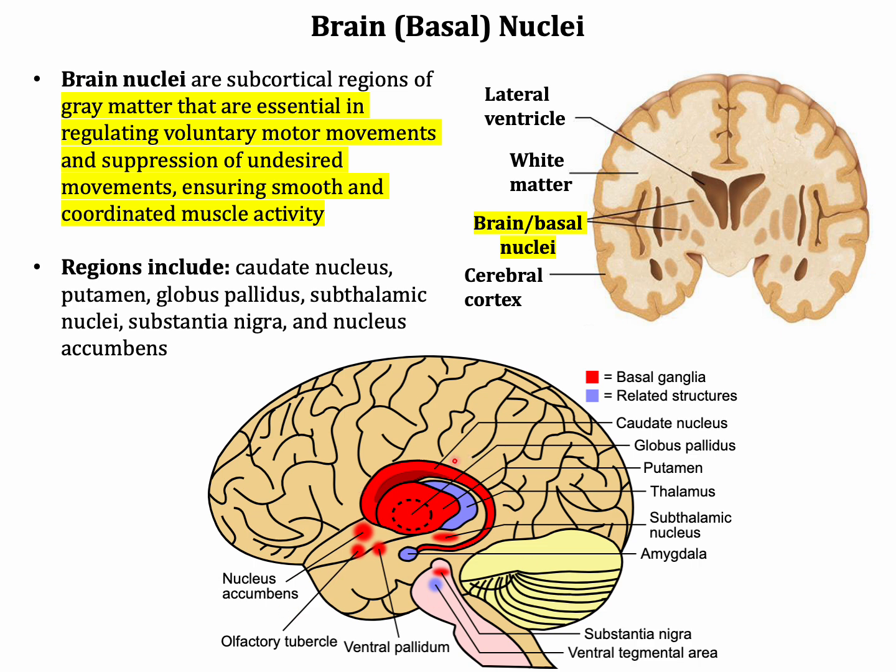A lot of different unique areas deep in the brain, each region providing a specific function, but the overall thing that they provide for the body is the regulation of voluntary motor movement and motor control. And even more importantly, the suppression or inhibition of undesired movements. And that produces really smooth and coordinated muscle activities.